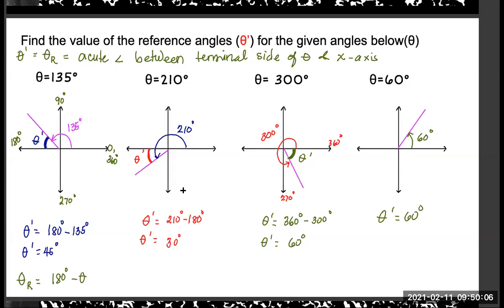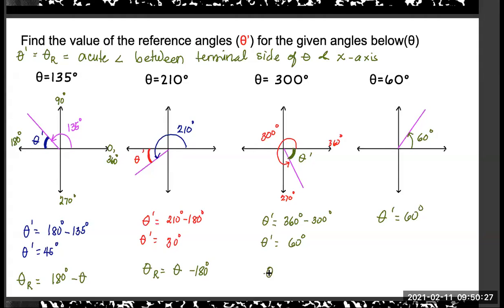And then if your angle is in the third quadrant, your reference angle would be equal to that angle minus 180 degrees. Oops, so this switches. If the terminal side is in the fourth quadrant, then you have to use the 360.